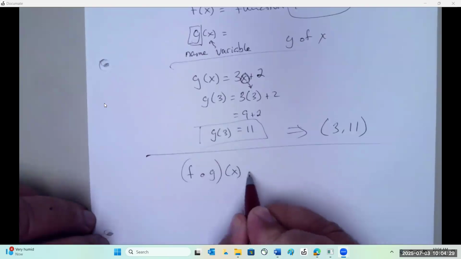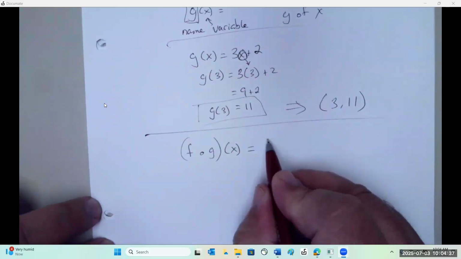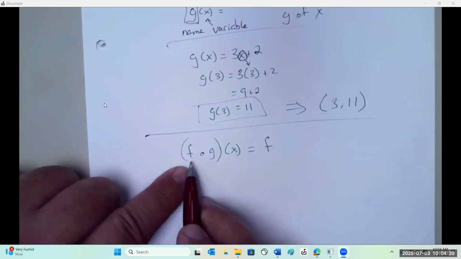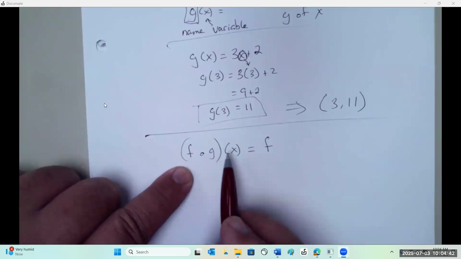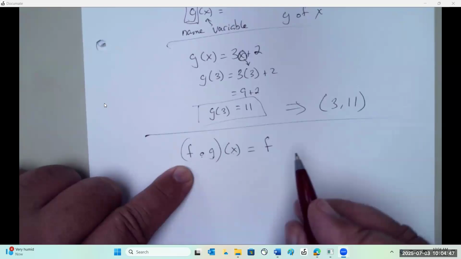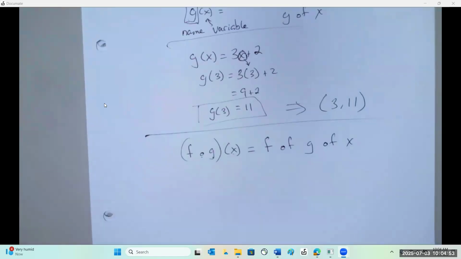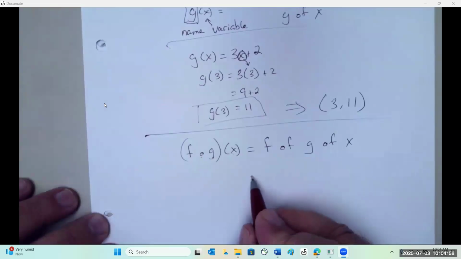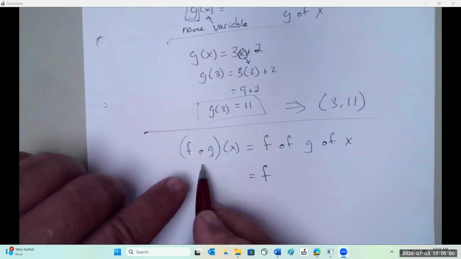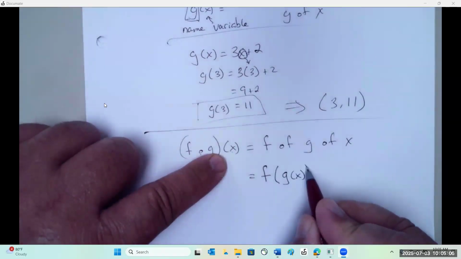Now, a composition of functions means a function within a function. The way you would read this, that's why it's called the Fog method, is f of g of x. It's the function f, that's the outer one. It's made up of what? It's made up of g, which is made up of x.